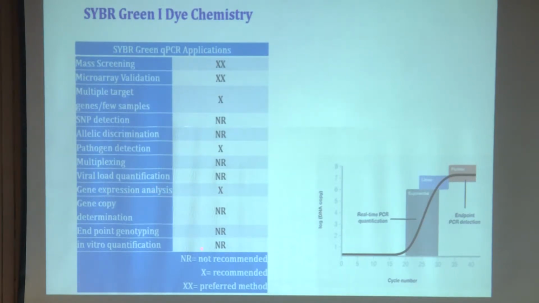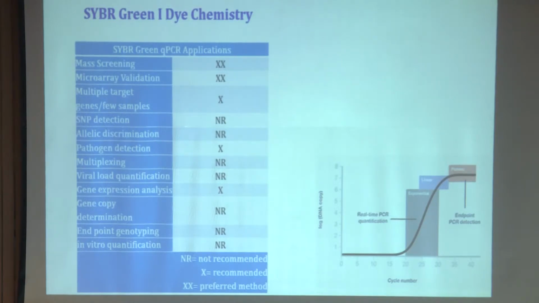Yes, you can also use it, recommended to some extent, but if you want to determine gene copy number or endpoint genotyping, you need not use SYBR. So there are a couple of issues about the use of SYBR. We should also know where you are able to apply SYBR chemistry for absolute quantitation using real-time PCR.